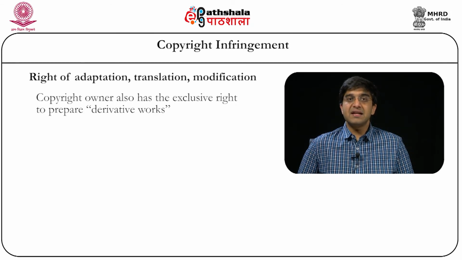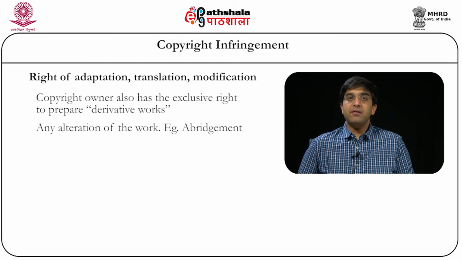As the term suggests, this means the works which are derived from the original work. For instance, any alteration made to the work. Take for instance an abridgment of a book. An abridged version of a book is considered to be a derivative work, and therefore to prepare such an abridged version, the person preparing it must take the permission of the owner of the copyright in that literary work.